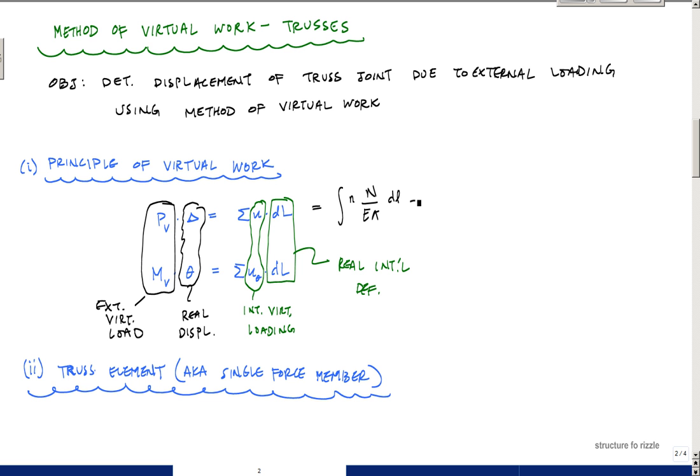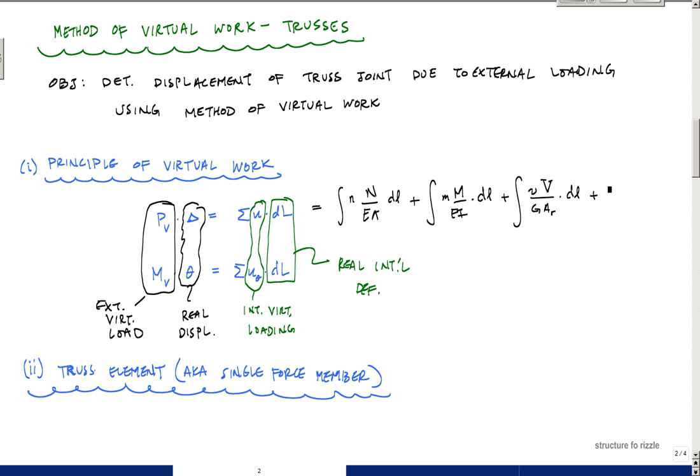And really, we have to add a term for each internal loading. If I have internal moments, then I'm talking in terms of curvature. Plus, if I have shear deformations, I'm talking about the virtual shear, little v, times the real shear, capital V, over GA times dl.